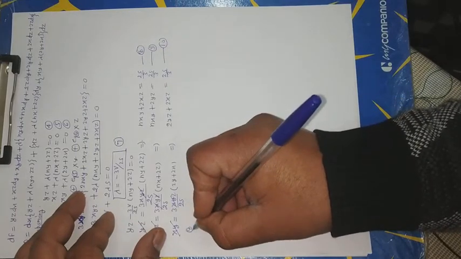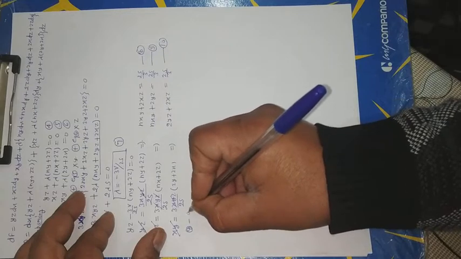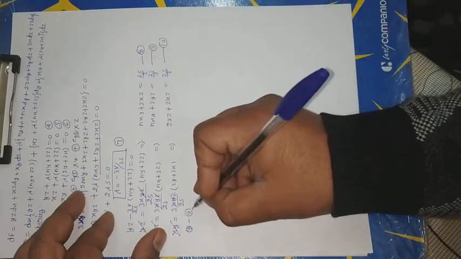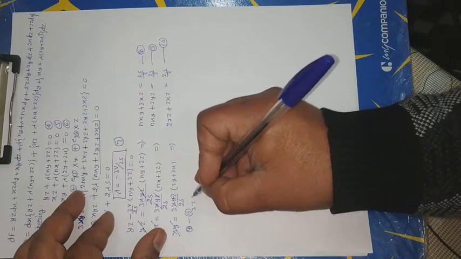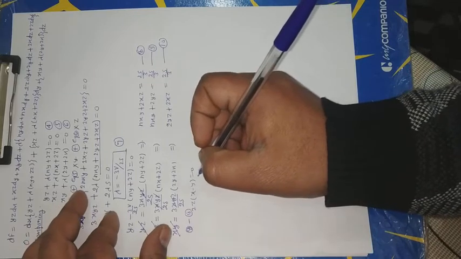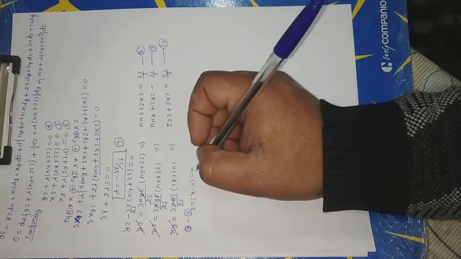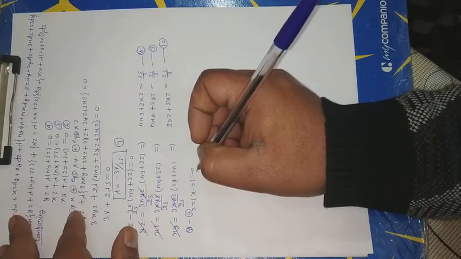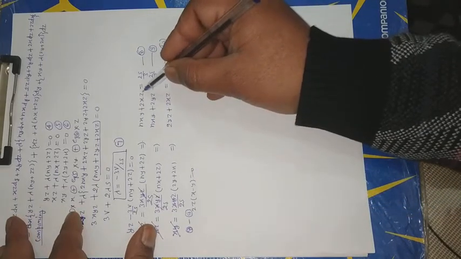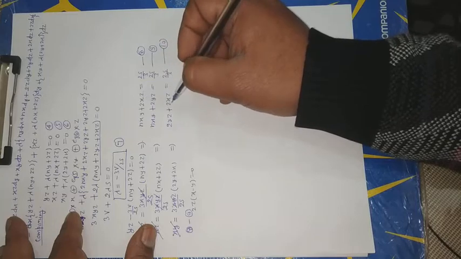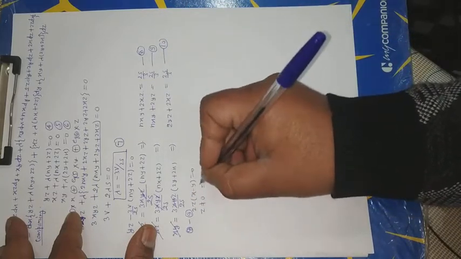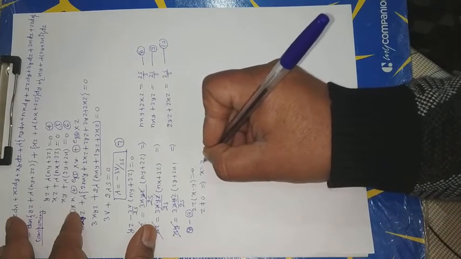Now equation number 9 subtracted by equation number 8, then we get 2z common, (x minus y) is equal to 0. Since z is not equal to 0, this implies x is equal to y.